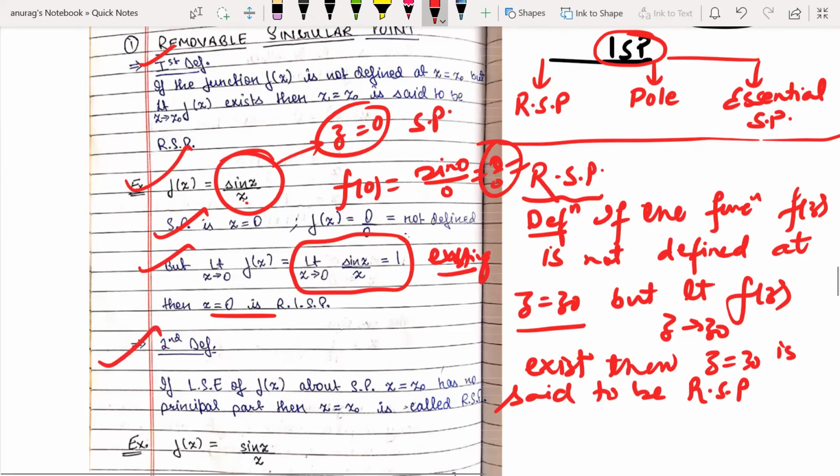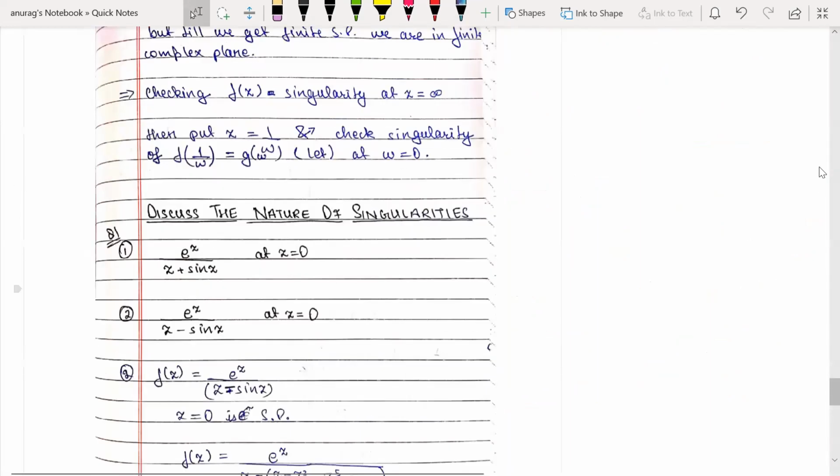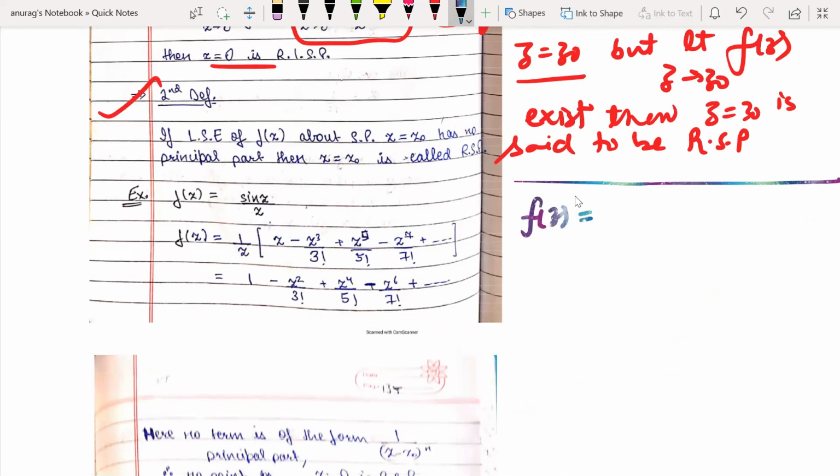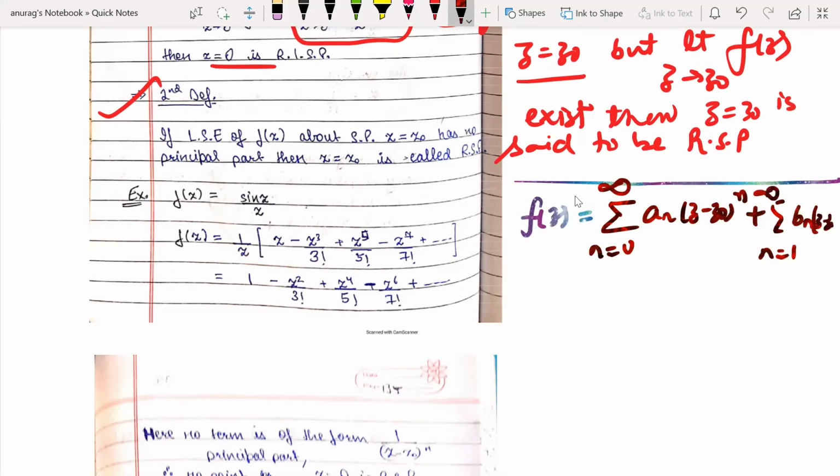What is the second definition? Now I will give another definition with the help of Laurent series. If you remember the Laurent series, I told you, f(z) can be written as sigma n equal to 0 to infinity a_n (z minus z naught) to the power n plus sigma n equal to 1 to infinity b_n (z minus z naught) to the power minus n.